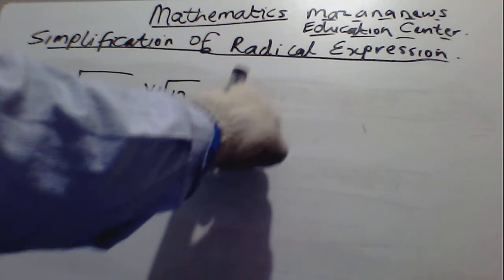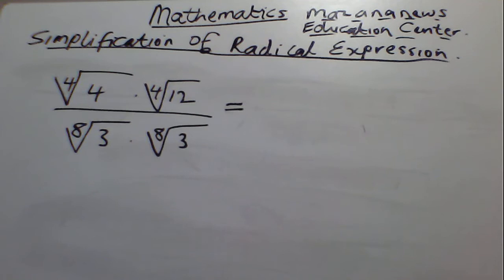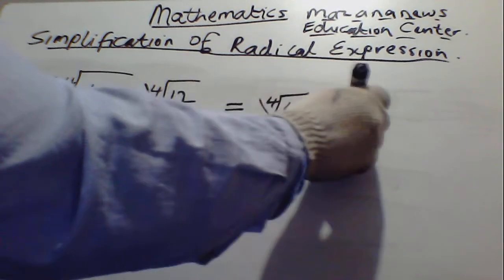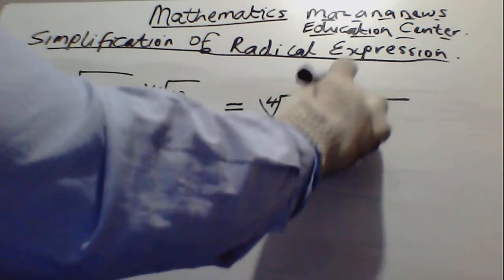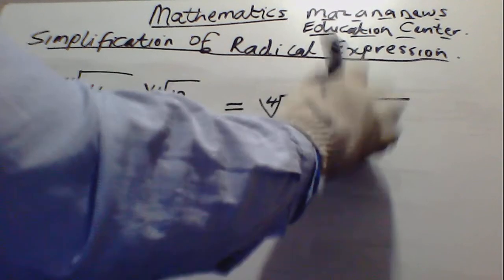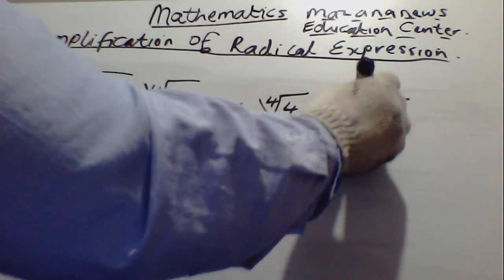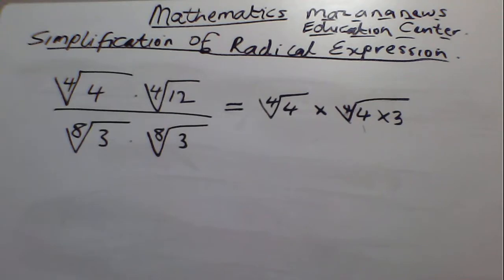Okay, let's go into it. So this will give us what? You can still apply the product rule. We have the 4th root of 4 multiplied by the 4th root of 4 times 3.